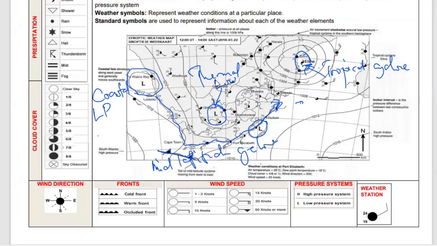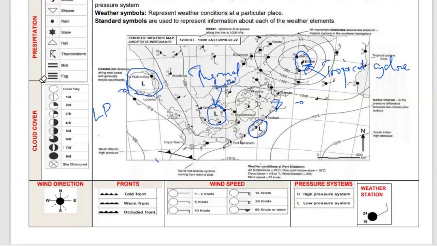Right. So let me just try to extract some of the information here and put it into writing about the position of the high pressure cells and the low pressure cells, and basically explain the differences between a summer map and a winter synoptic weather map.